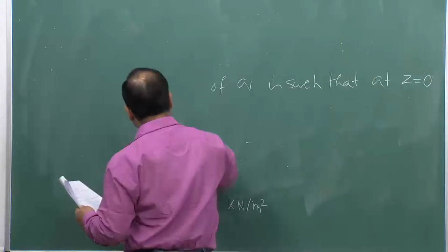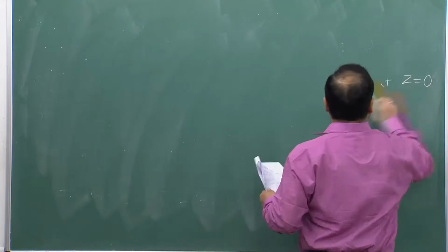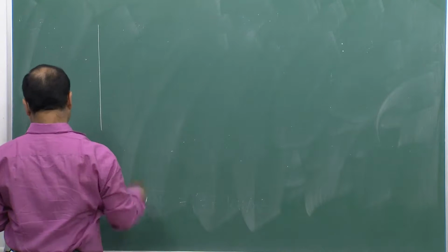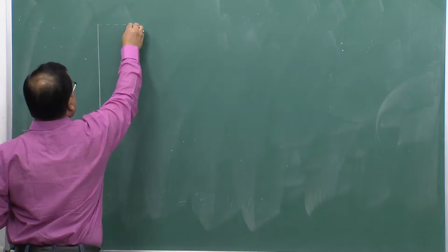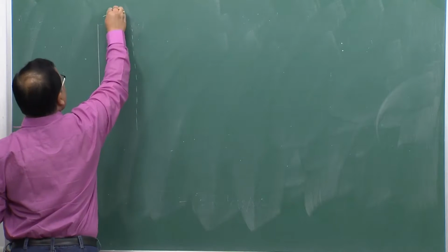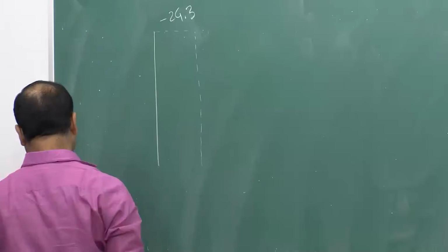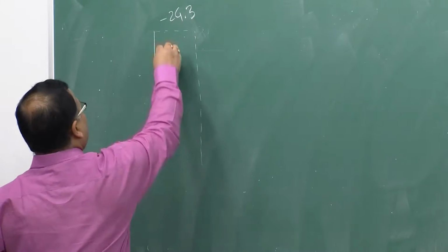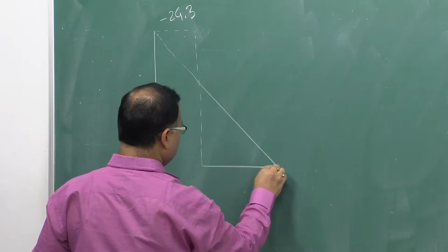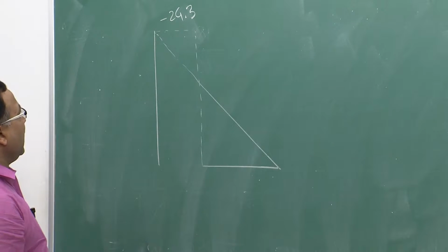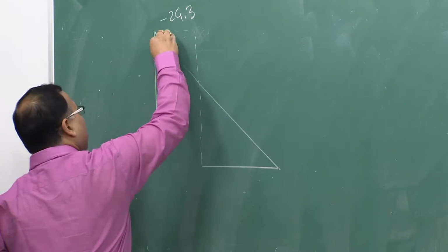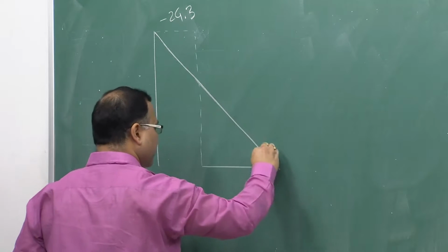So, therefore, the pressure distribution will look like, say this is my total depth of the wall, so this was negative 24.3. Okay. So, earlier it was like that, right. Now, after putting the surcharge, I will be getting this as my pressure distribution.